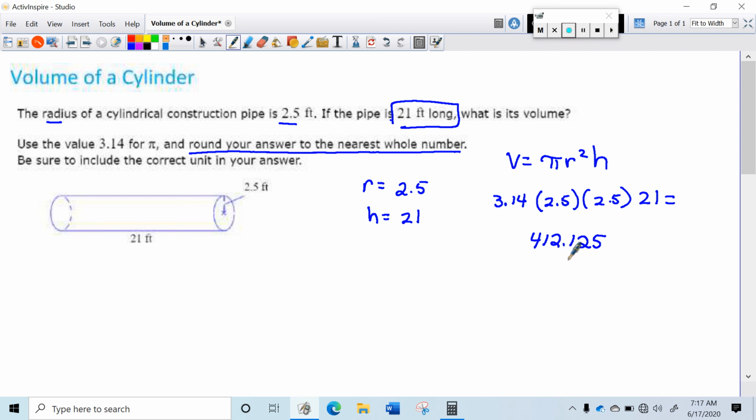So you want to look after the decimal. If that number is 5 or larger, you've got to add 1 to this number, but it's not, so you just take those numbers off. 412, and it's going to be feet, and then the volume is always cubed. 412 feet cubed.